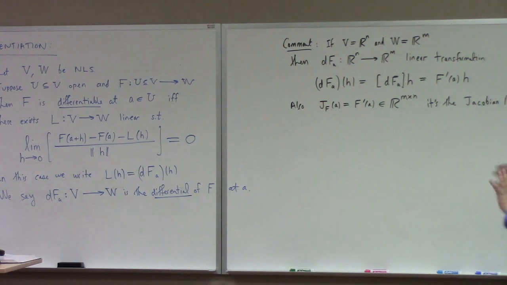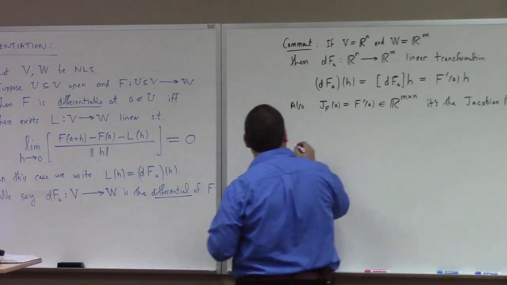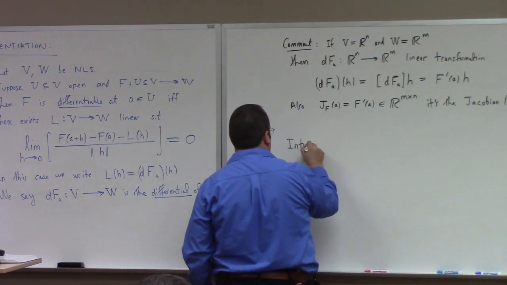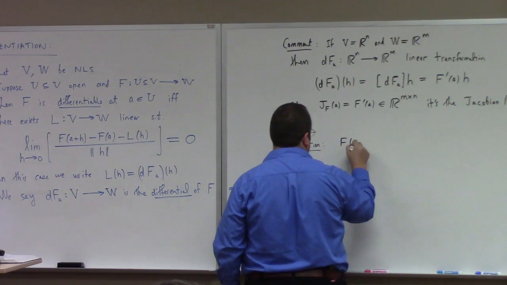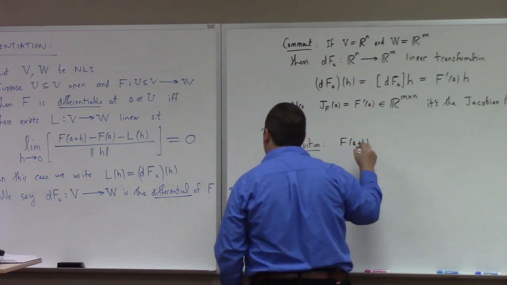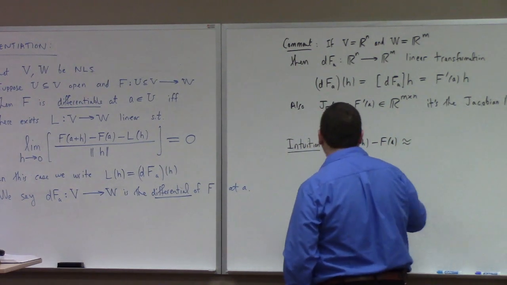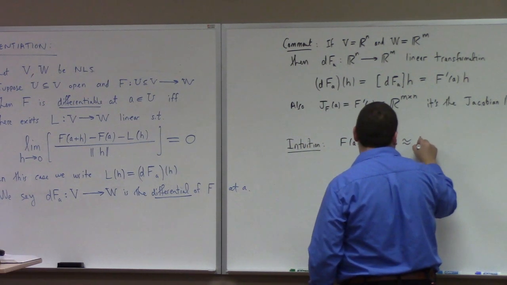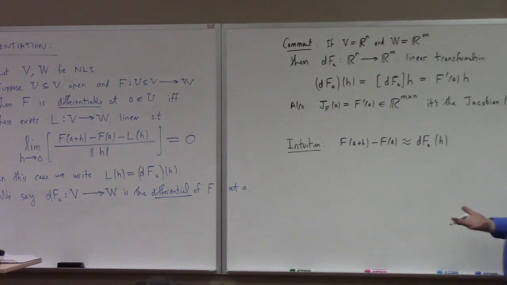What it's saying, intuitively, is that f of A plus H minus f of A is approximately equal to dF_A of H, right? So this differential is giving us a good approximation to the change in the function, really the change in the map at that point.